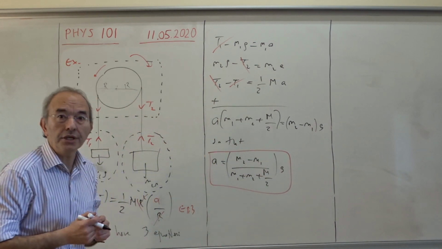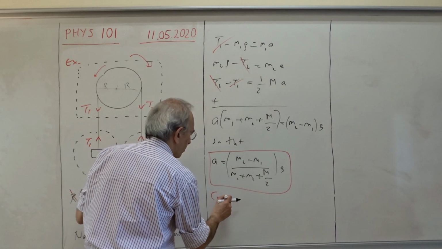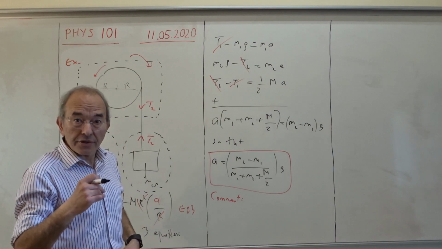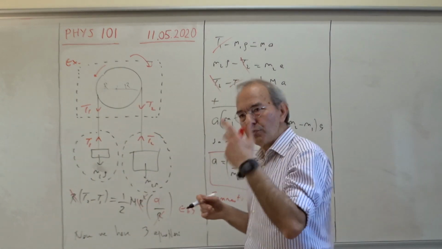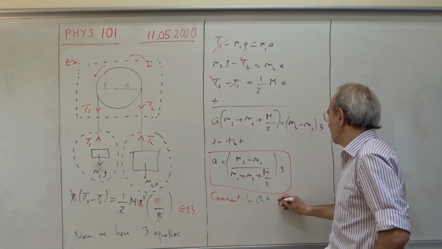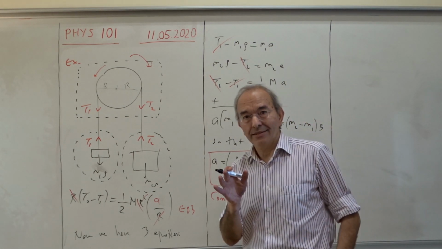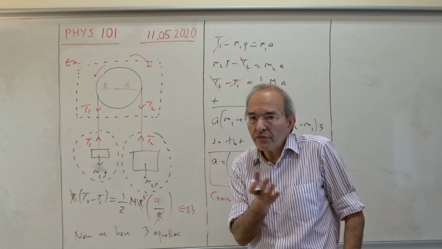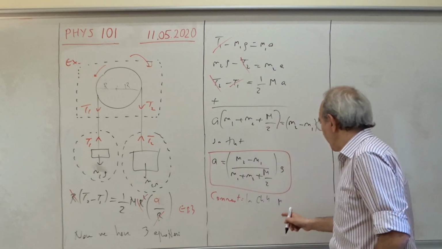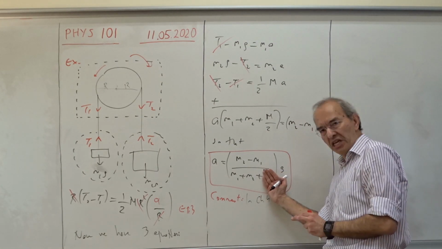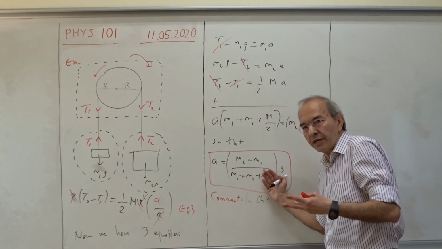Let me write a comment here. In the other case, in chapter 4, for instance, we neglected the mass of the pulley, so that capital M was 0. There was no such thing as capital M. If you set this capital M to 0 here, it reduces to the expected equation.